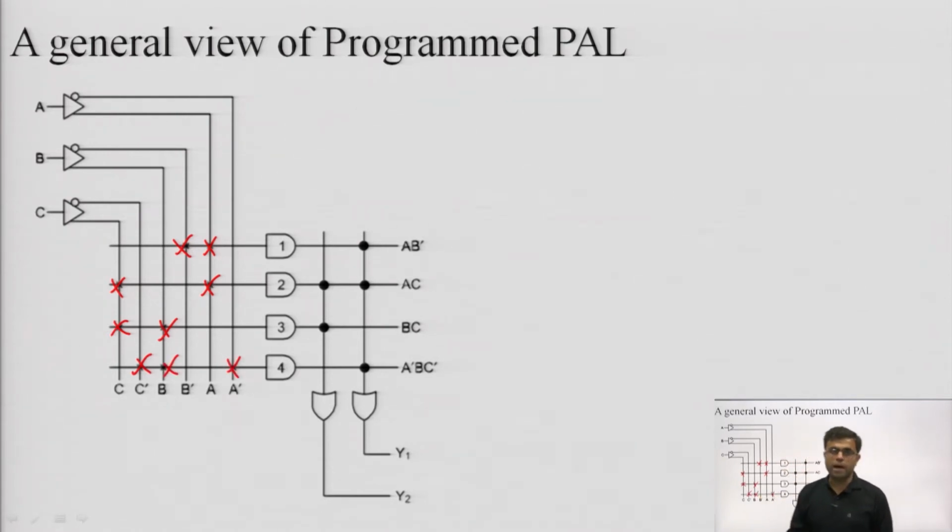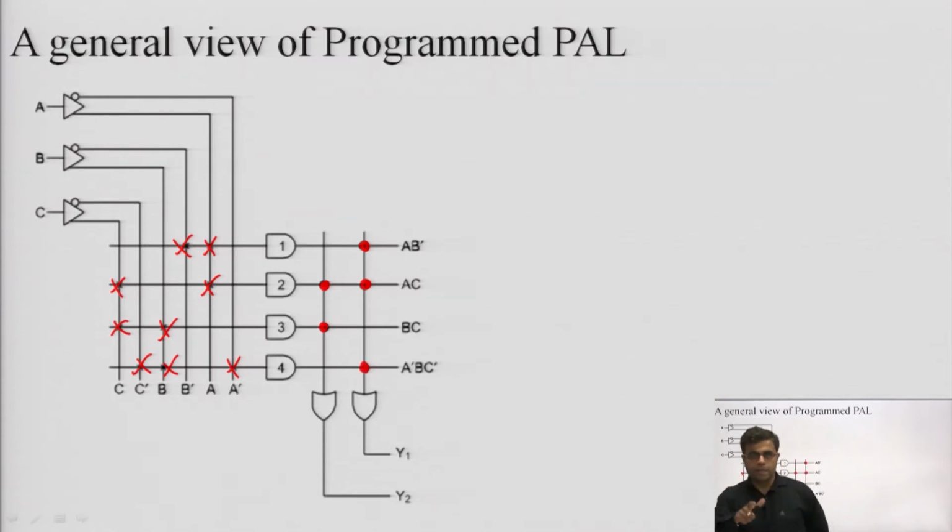But now I cannot place a cross there, because a cross denotes a programmable link. Instead of a cross, I will be using a fixed connection, like a fused connection, or we can say a dot. It denotes a fixed, permanent connection, which means the connection made here cannot be changed.